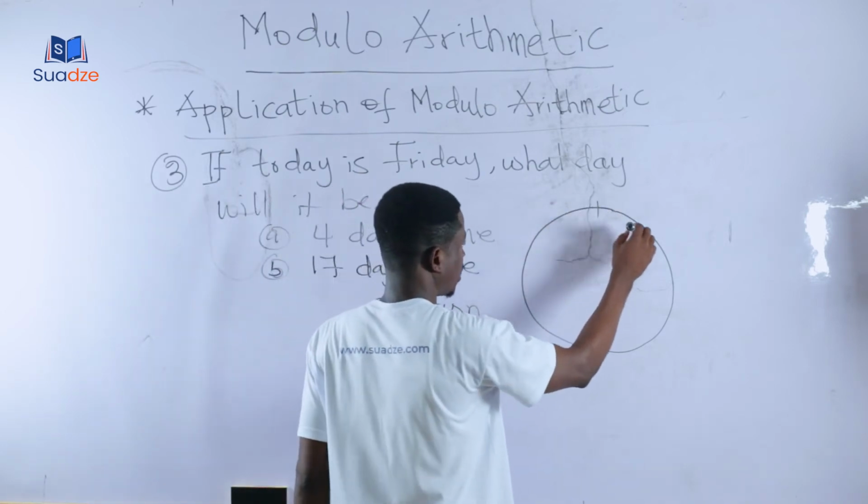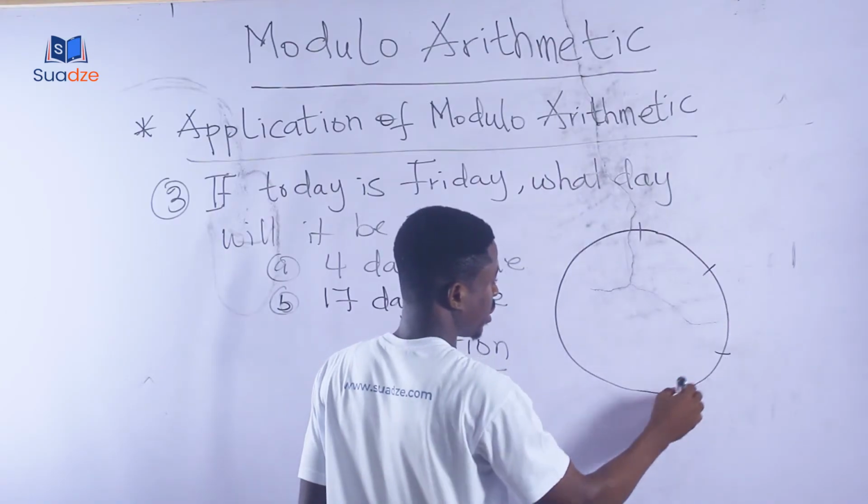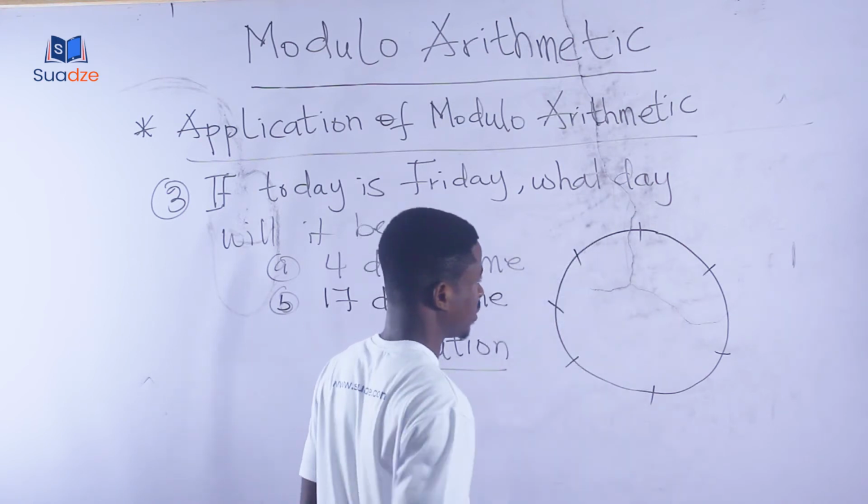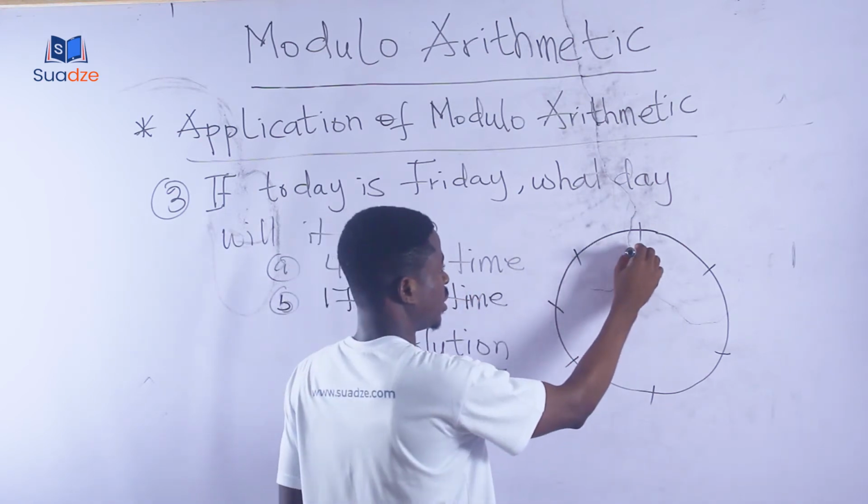Okay, so 1, 2, 3, 4, 5, 6, 7. And we are going to name this one 0.